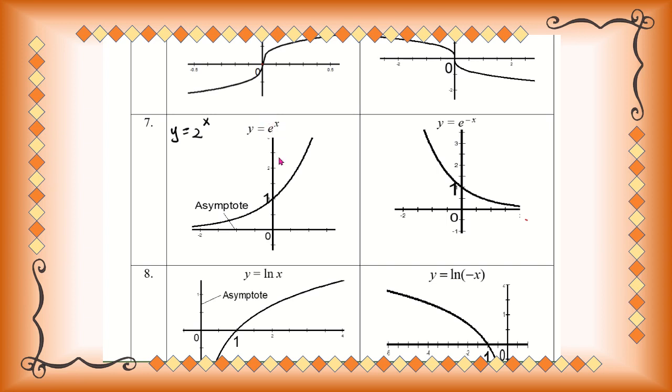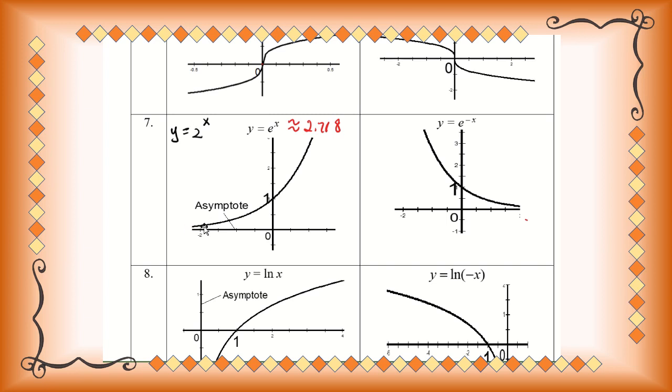Now e is a value which is approximately 2.718. Okay. So this one is a constant.